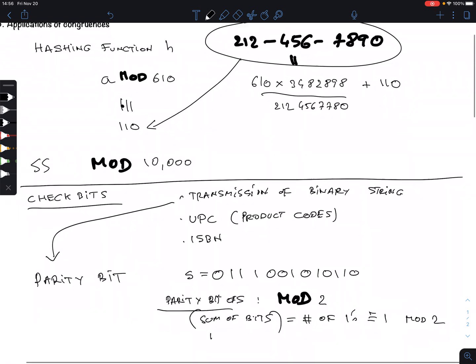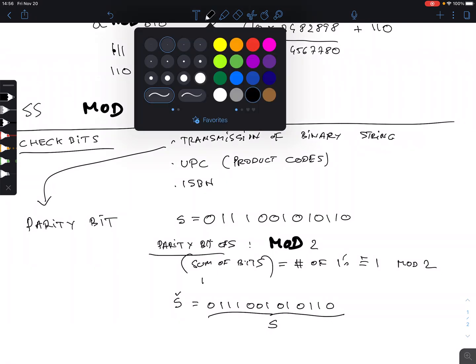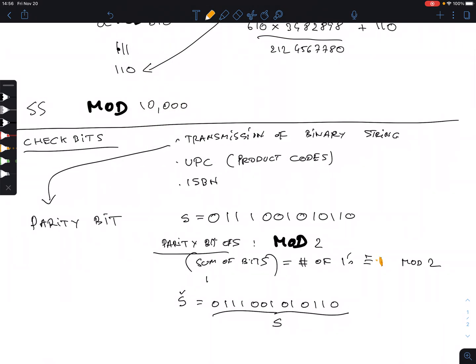And then what we do is we send S, let's put a little check mark on it. What we transmit is this thing. You take the original S, and then you add this parity bit, which I'll do in a different color. So this is the parity bit 1. We add this 1 here.